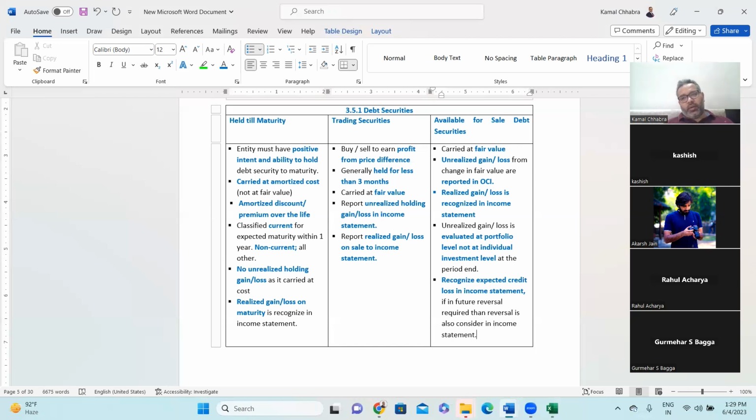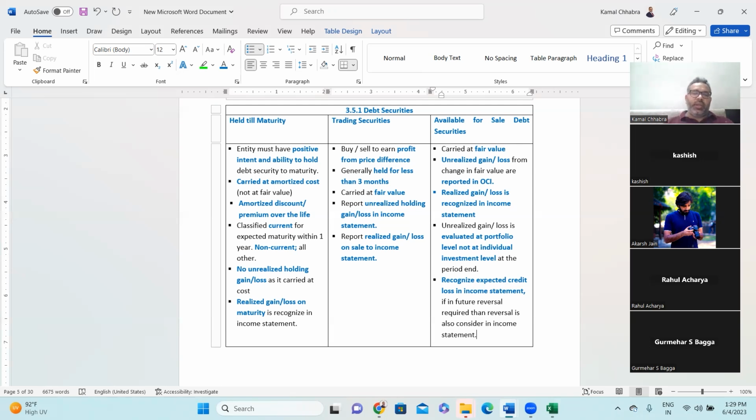It will be valued at cost, and any gain or loss needs to be amortized over the period. Current and non-current classification applies, and the realized gain and loss will be at maturity. But any unrealized gain and loss need not be considered.